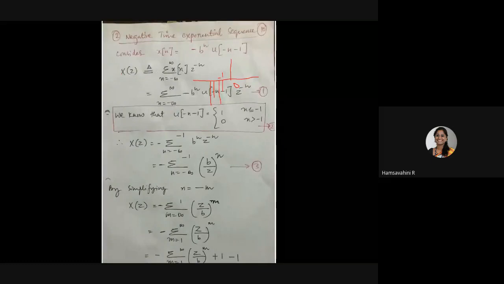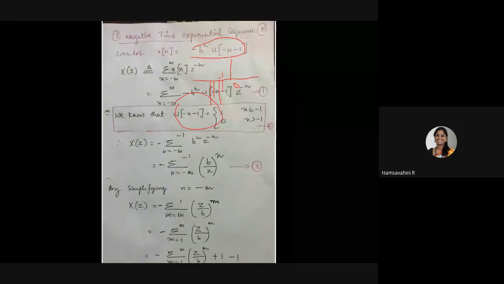X of z is x of n z power minus n, and simplify x of n with this expression. By applying this, we will get x of z is, I am taking minus outside, n equal to minus infinity to minus 1. This u of minus n minus 1 is 1. So we will be left with b to the power n z power minus n.